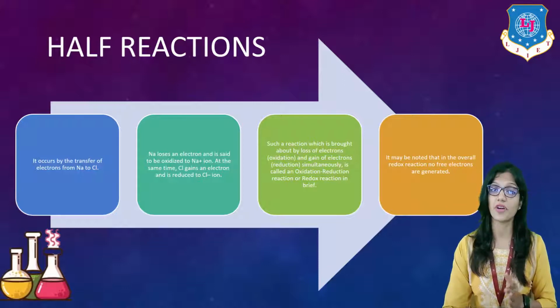So Na will convert itself into Na+, it will get oxidized, while Cl accepts the electron and becomes Cl- ion. So reduction of Cl is done now.